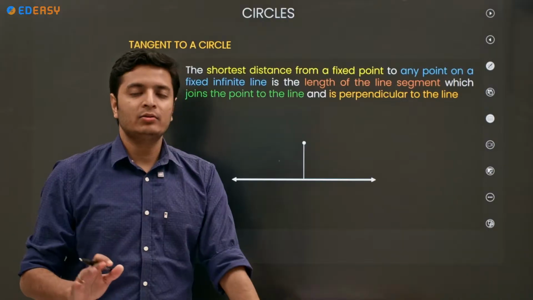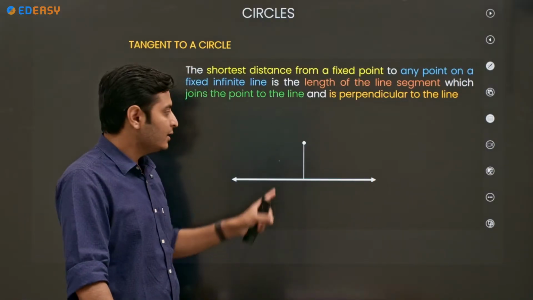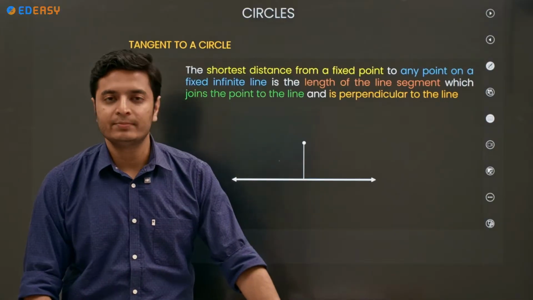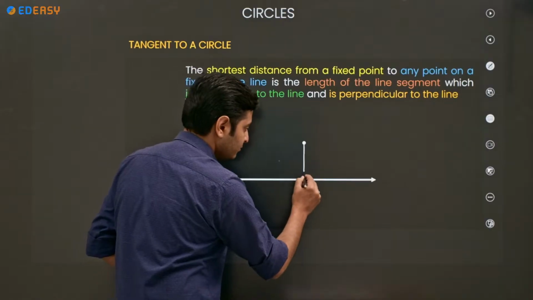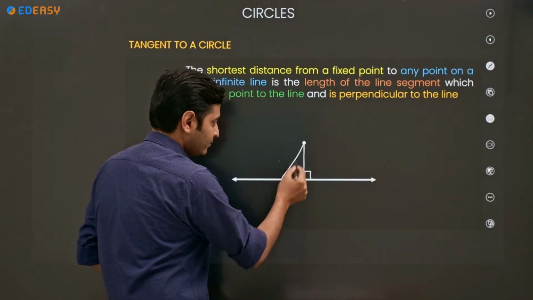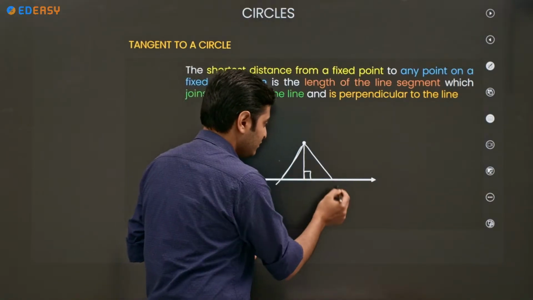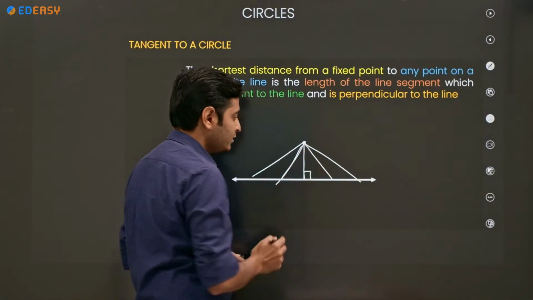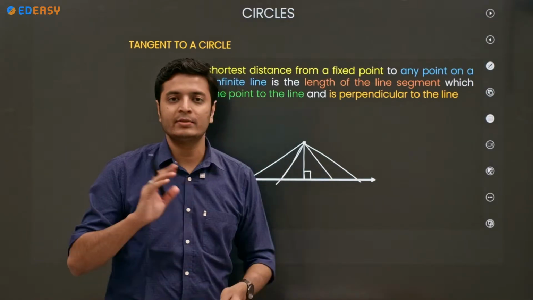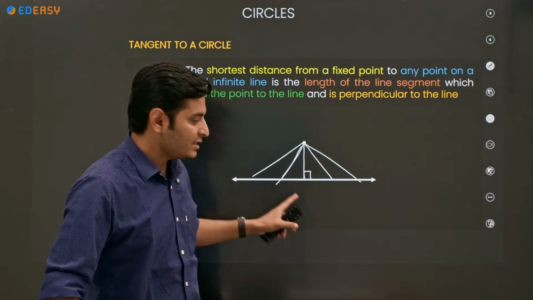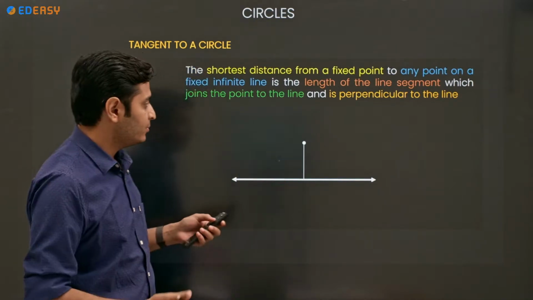In simple language, you can say that the shortest distance between any line and a fixed point will always be the perpendicular. Okay, so this will be the perpendicular. This will be a greater length than this one. This will be lengthier, this will be lengthier, this will be lengthier. So the shortest distance between a point and a line will always be the perpendicular. This concept we are going to apply in the proof of theorem 10.1.